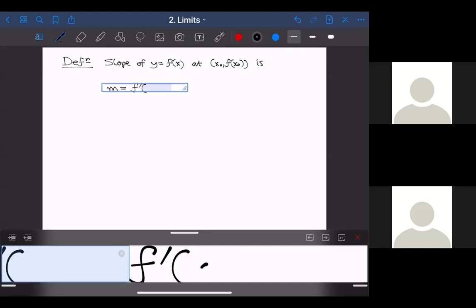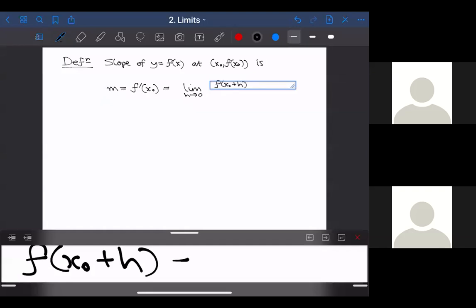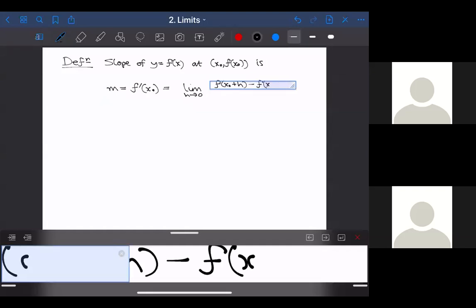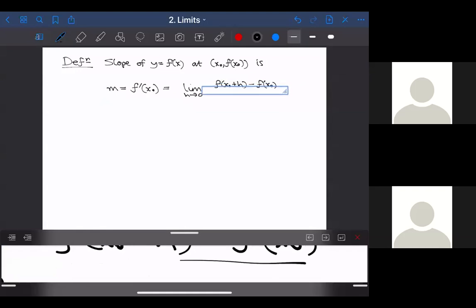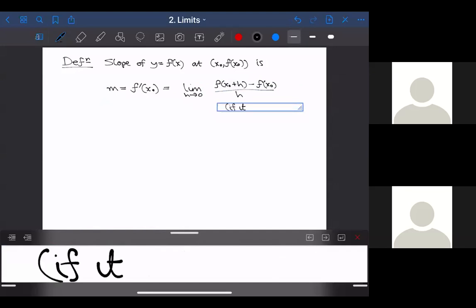And this limit was the same thing, if you look at the definition, as the derivative of f(x). And how to calculate it? Remember, it's the limit as h goes to 0 of this ratio, the slope of the secant line. And as usual, we have to say if it exists.